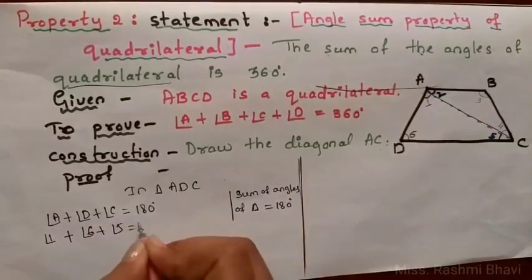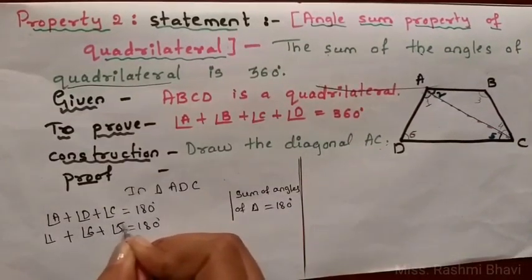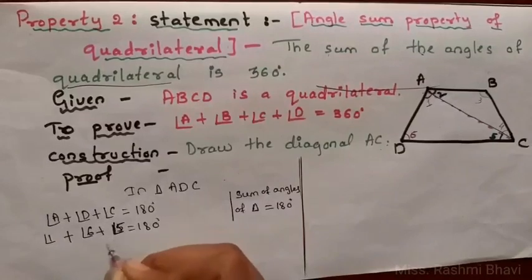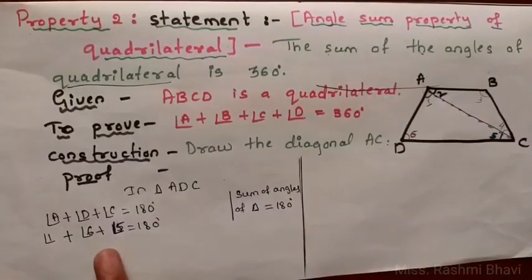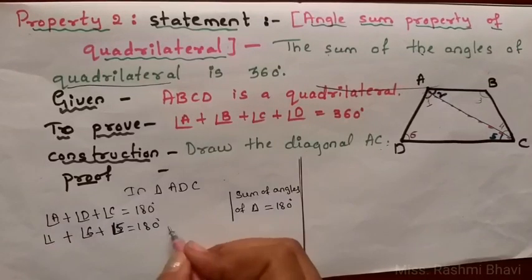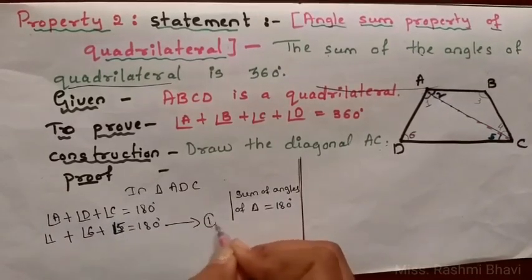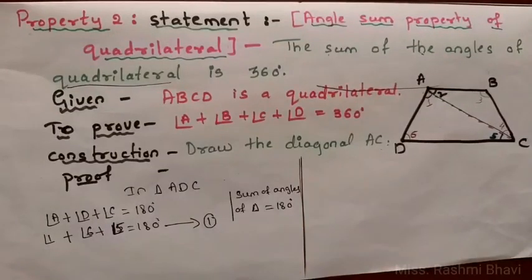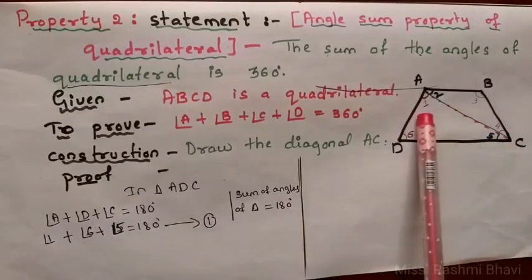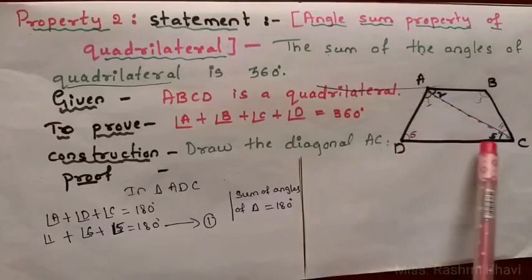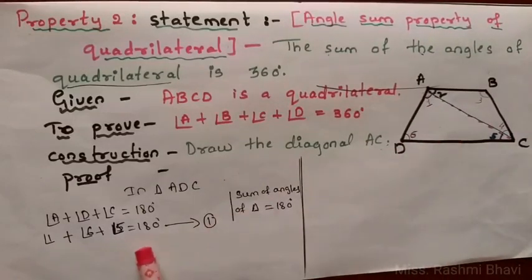Here this is the condition we are using: the sum of the angles of a triangle is 180 degrees. Take this as equation 1. In triangle ADC, angle 1 plus angle 6 plus angle 5 is equal to 180 degrees. This is equation 1.